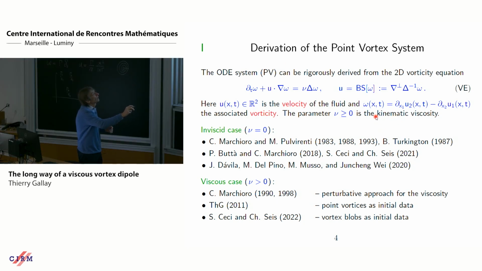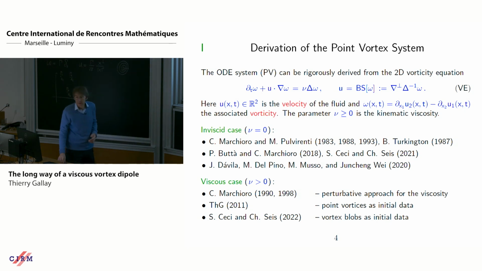I take omega to be dx1 u2 minus dx2 u1, which is just the two-dimensional vorticity, which is a scalar, and this satisfies this very famous equation, dt omega plus u dot grad omega is equal to nu Laplacian of omega. Nu is the kinematic viscosity. If you consider Euler, nu is equal to 0, otherwise nu is strictly positive, and this is Navier-Stokes, okay.